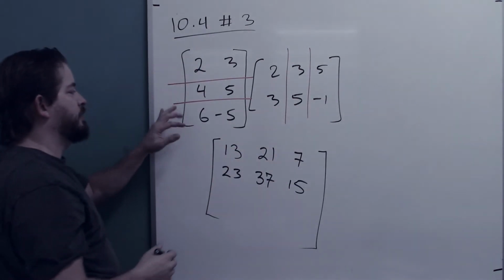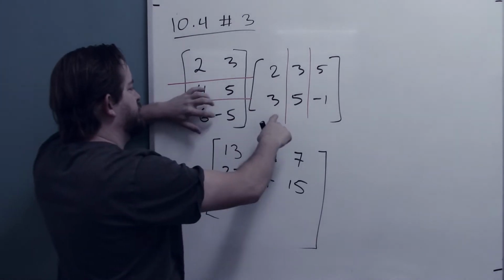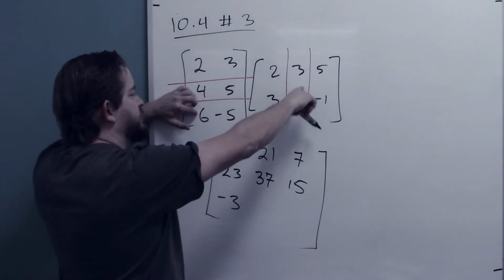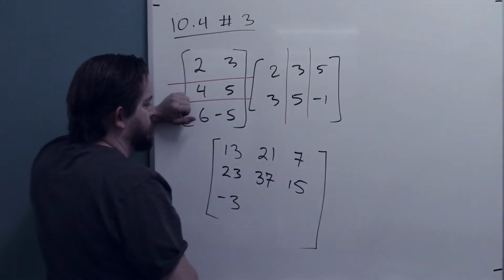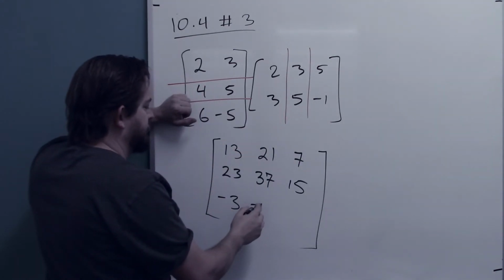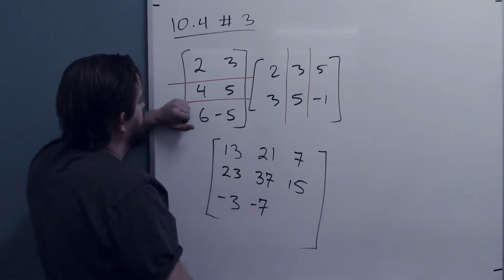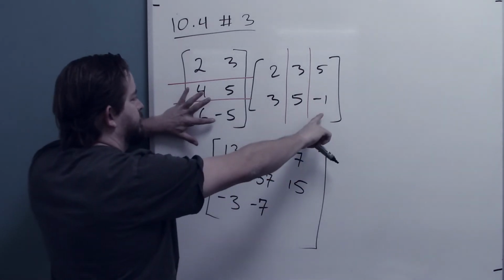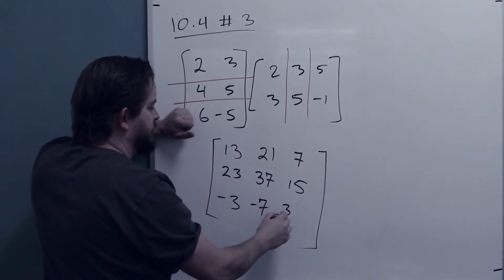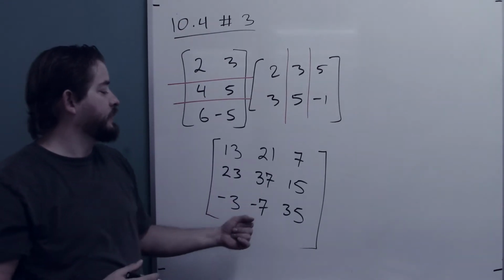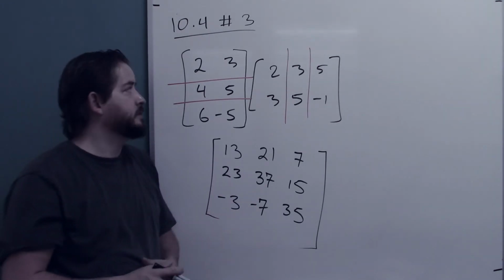Then I come down to my bottom one. 6 times 2 is 12, minus 15 is negative 3. 6 times 3 is 18, minus 25 is negative 7. And 30 plus 5 more is 35. I know it didn't ask us to actually do the multiplication, but there it is.